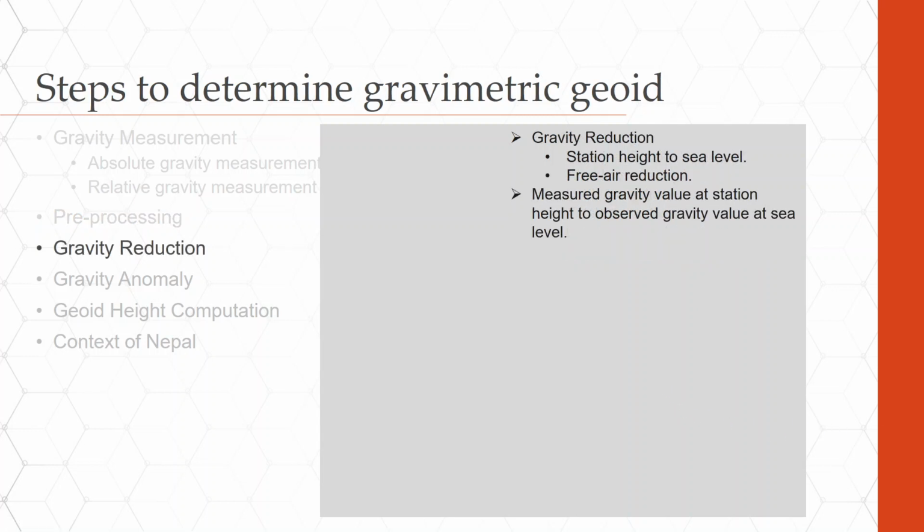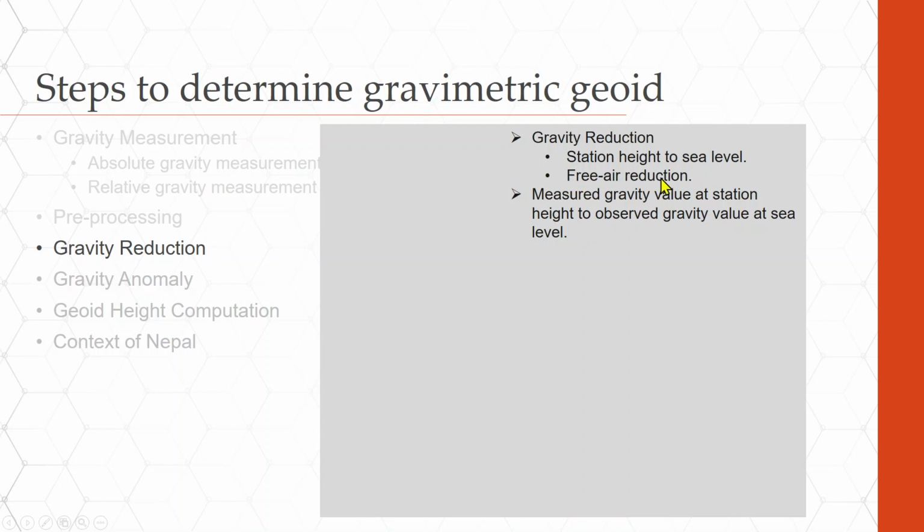After we find the absolute gravity value at each gravity station, the next step is gravity reduction. In gravity reduction, the gravity value at station height on the topography is reduced to the corresponding point at sea level.